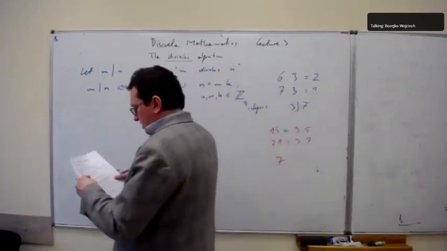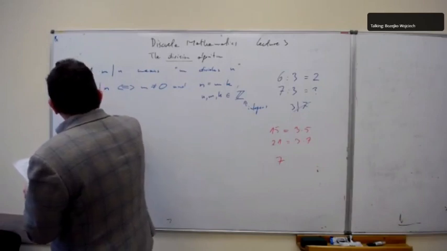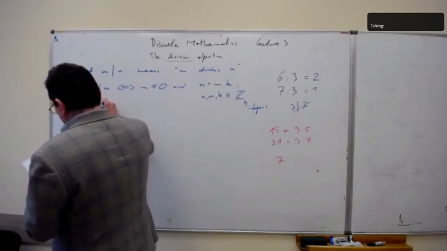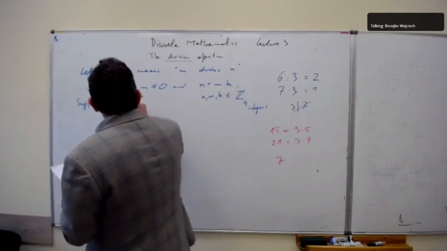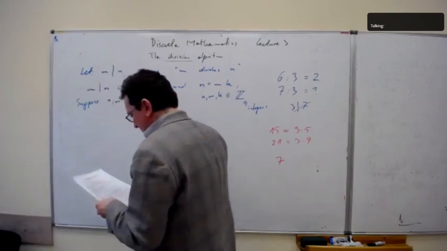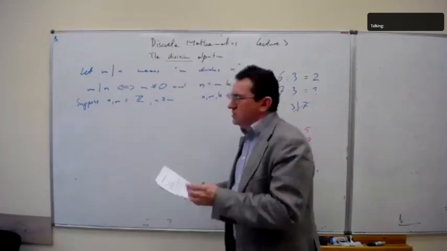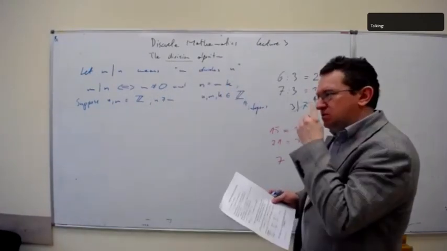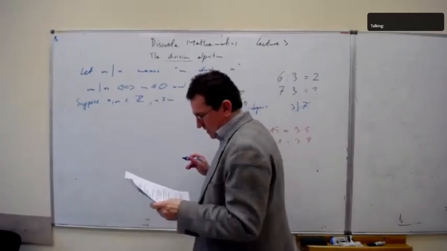Let us write it like this. Suppose n and m are integers, n greater than m. Of course, this doesn't matter, but this is better for thinking that we divide n by m.